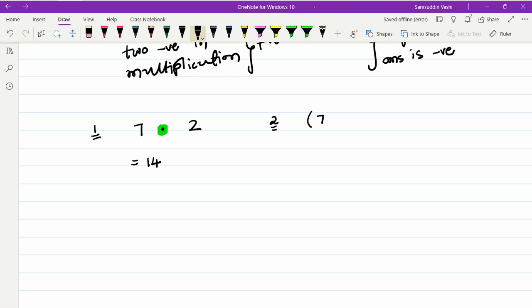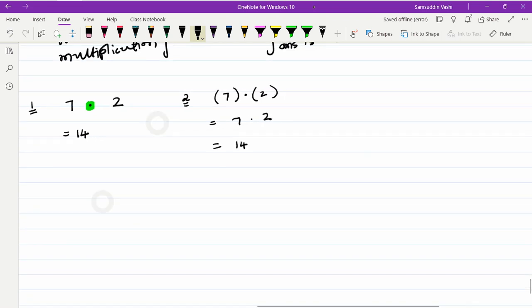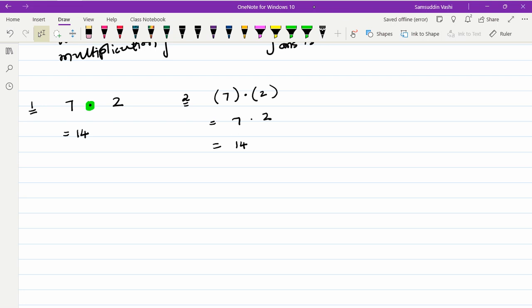If I say bracket 7 times bracket 2, between two brackets, if there is no sign, it is also a multiplication. So basically this is the same as 7 times 2, which is 14. There was no negative, so I will not think of a positive or negative sign. It's always positive, right? Okay.